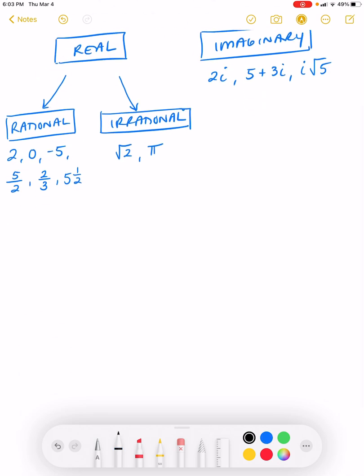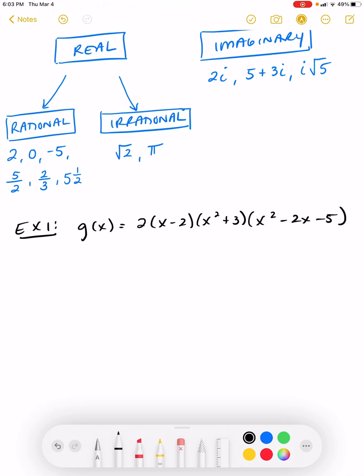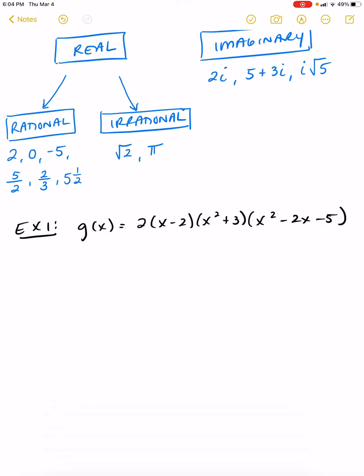Let's look at our first example. What we're going to practice is a polynomial given in factored form: 2 times (x minus 2) times (x squared plus 3), and then times (x squared minus 2x minus 5). Just by looking at this polynomial in factored form, we're going to be able to tell what the degree is, what the constant term is, and what the lead coefficient is.